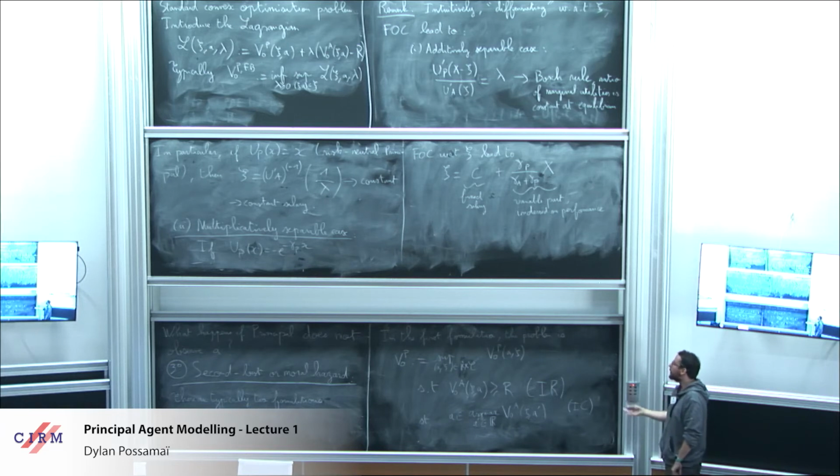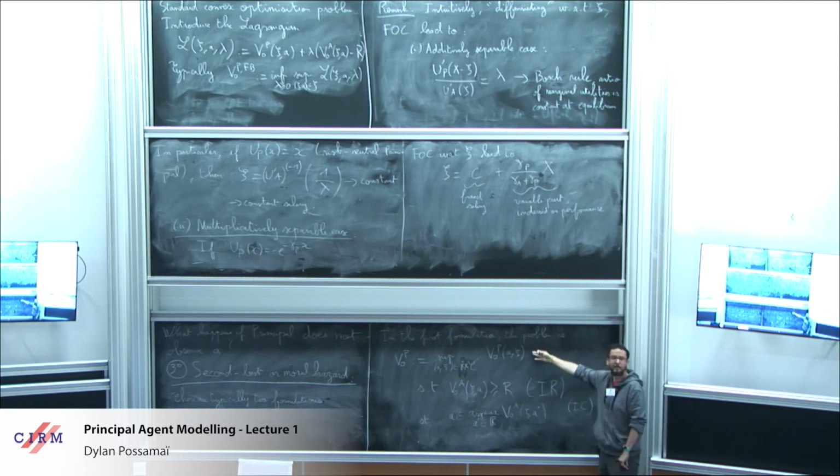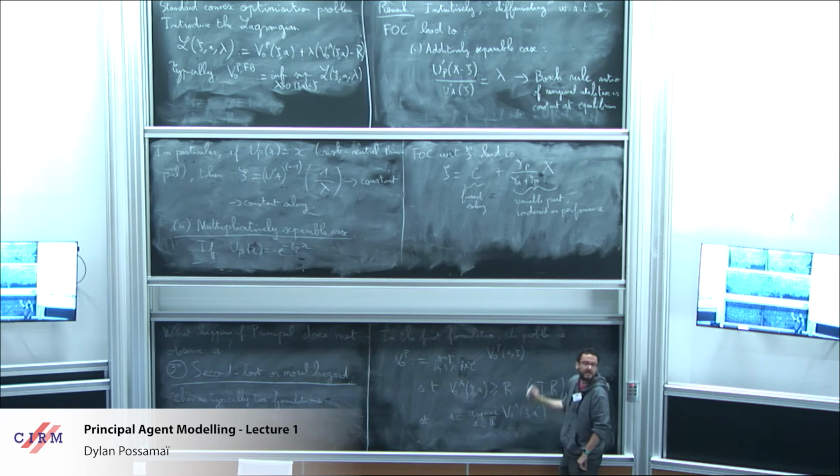So when you write the problem that way, well, you see clearly that the value here is in general lower than the value in the first best, simply because this constraint is in both of them, and I'm adding an additional constraint here, so the set of feasible values here is smaller, so in principle, I get less.